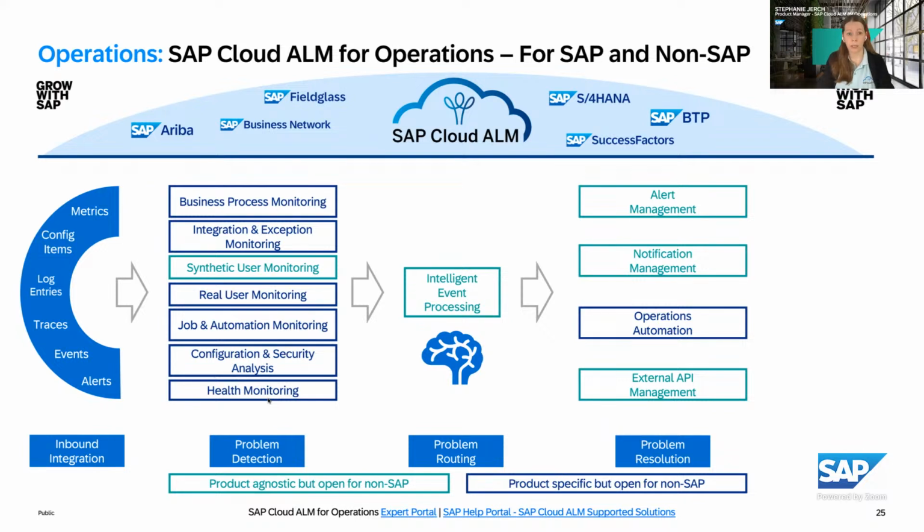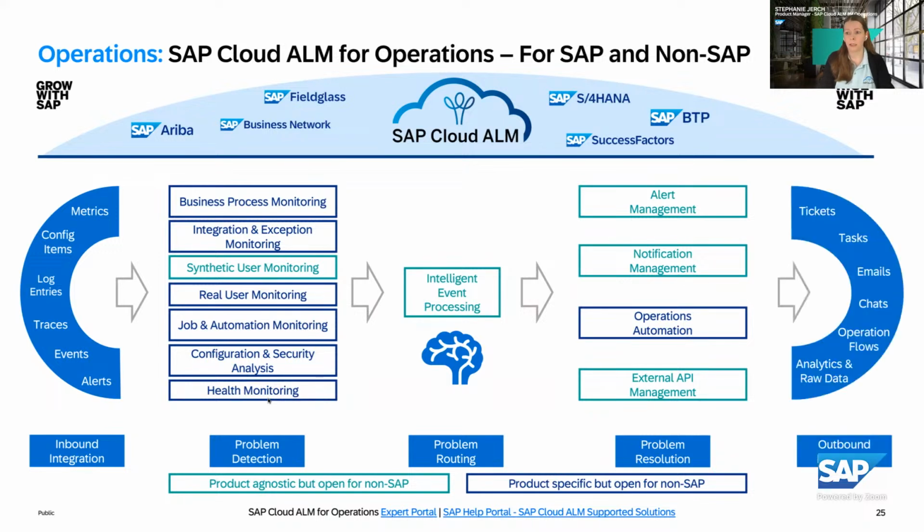So if there are automated steps which can be directly started, you can initiate them from here, as well as you can make use of the external API management, where you can use APIs like resource notification to react if a metric changes, for example, or where you can then trigger a chat message, an email, tasks, tickets. So there's a lot to explore for you and a lot to make use of to then initiate the problem resolution, and this is in the part of the outbound integration.